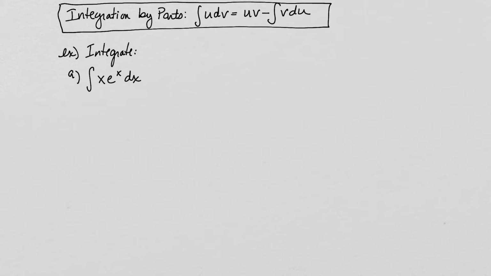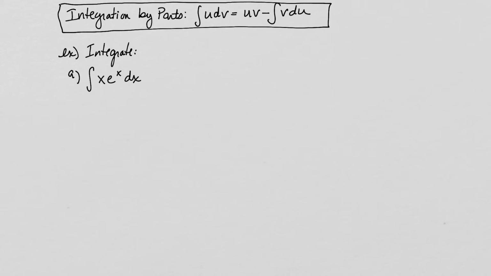The thing I want to identify is a u and a dv. So I need to break this problem into a u and a dv. You want u to be easy to differentiate and dv to be easy to integrate.